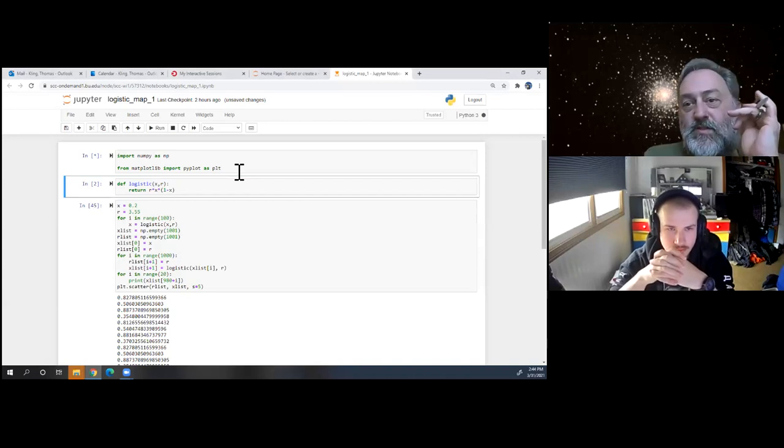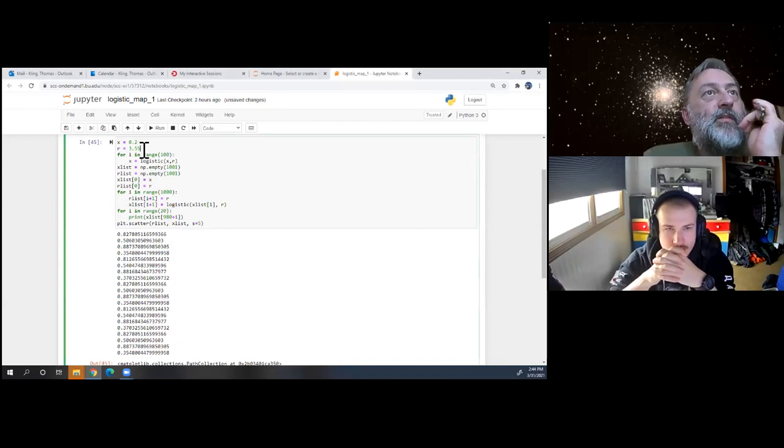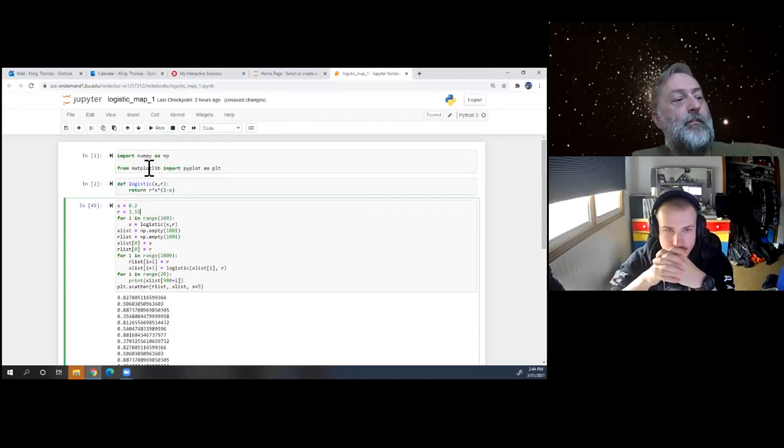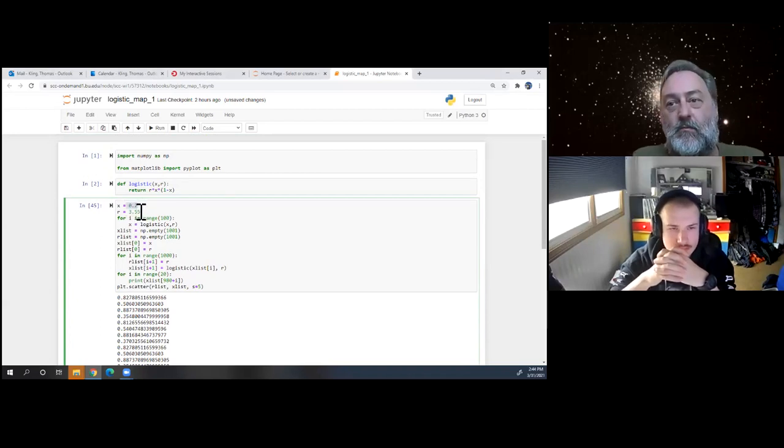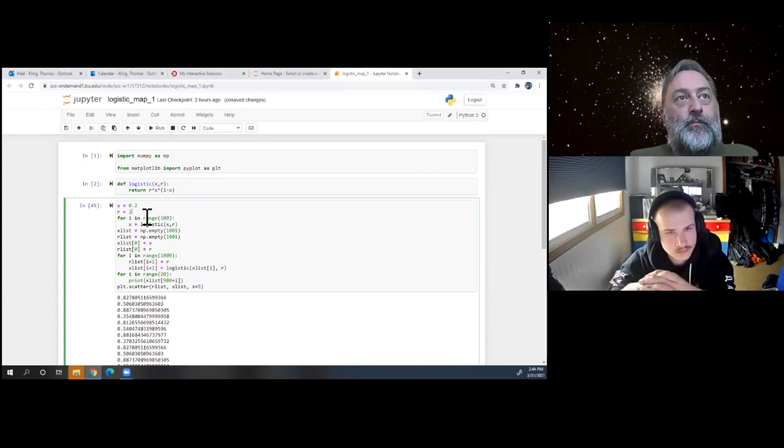Here I've defined my logistic map and I'm giving it a value of R, right? So here's what I'm doing. I'm starting with some random X value. I'm going to start with R being 2.